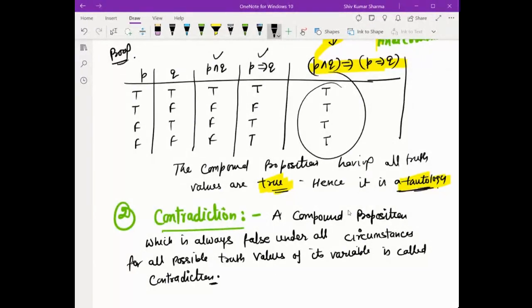That means in a tautology we have the final column with all truth values true, but in a contradiction all values are false. That means a final column having all truth values false is known as the contradiction.